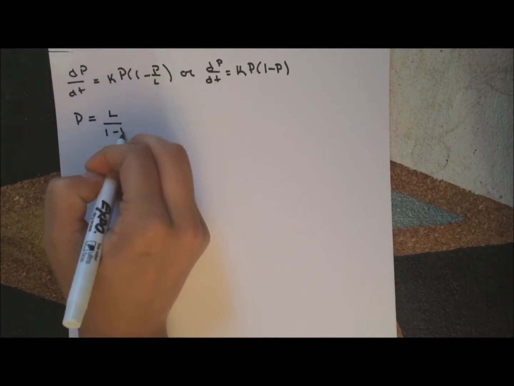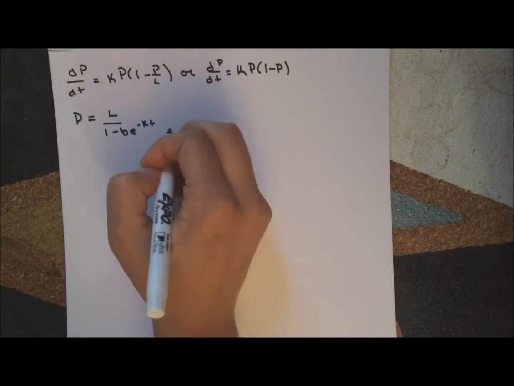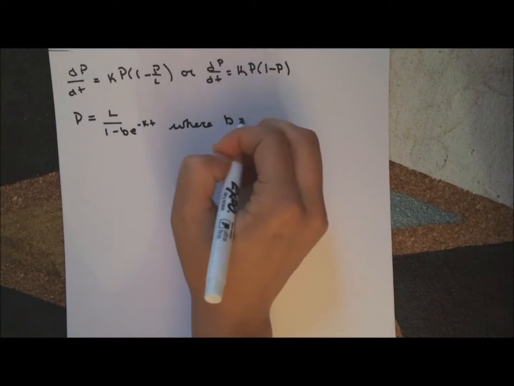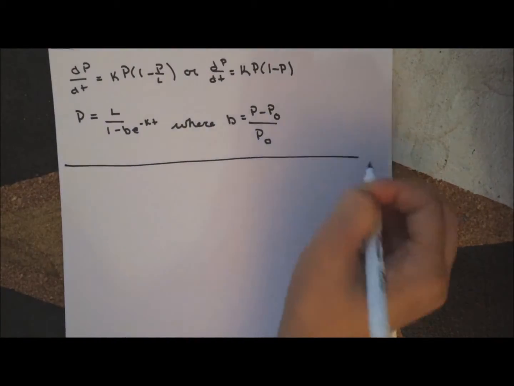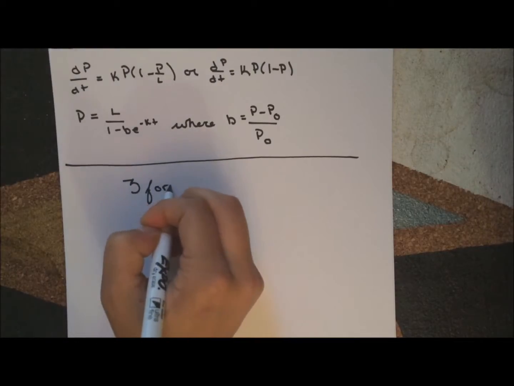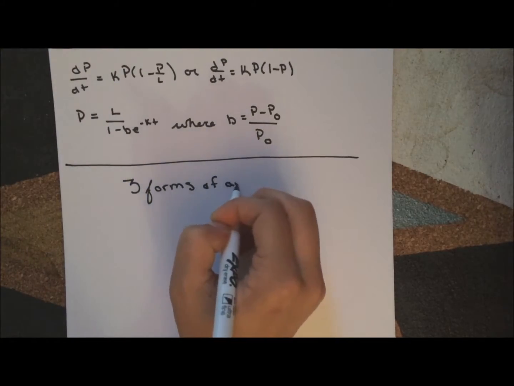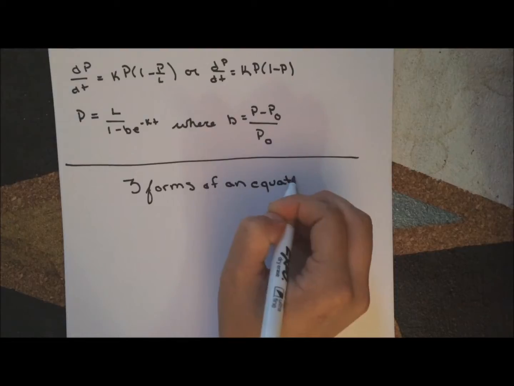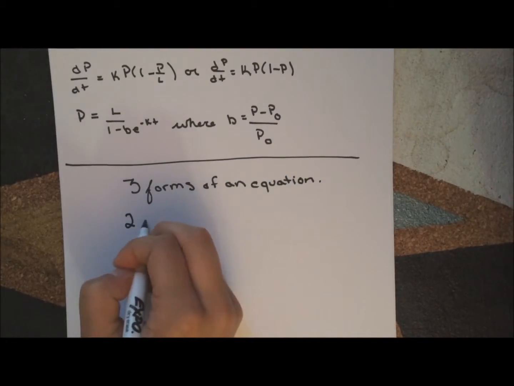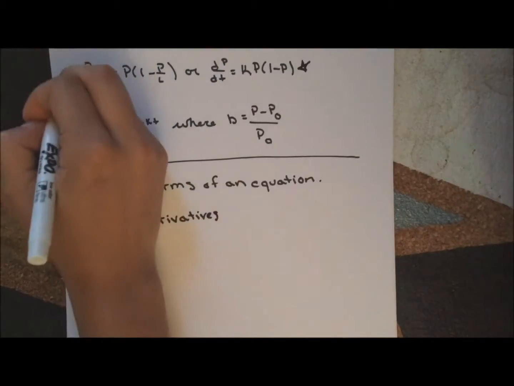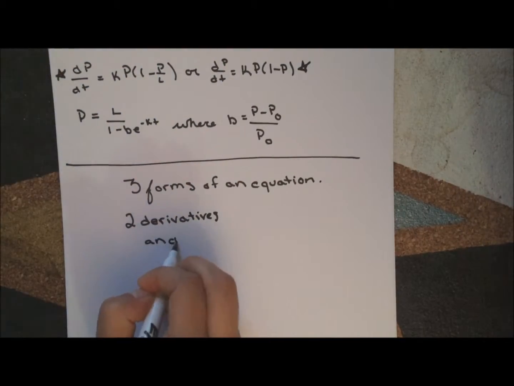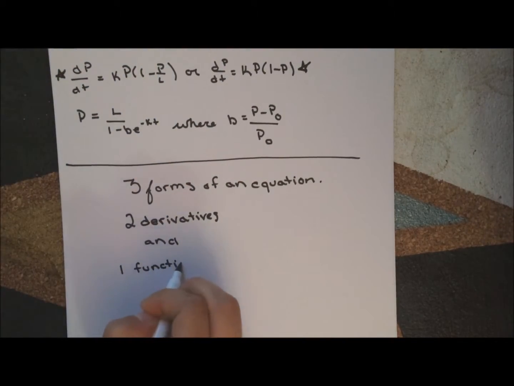Then P = L/(1 + be^(-kt)), where b = (L - P0)/P0. Therefore, there are three forms of the logistic equation, each useful in different problems. Two of these forms are logistic differential equations, which are derivatives. And the final, P, is one function.